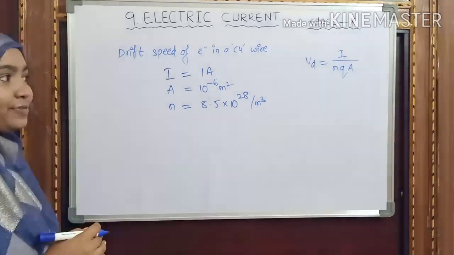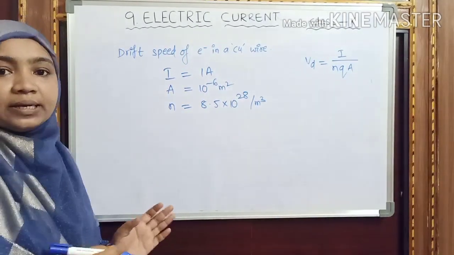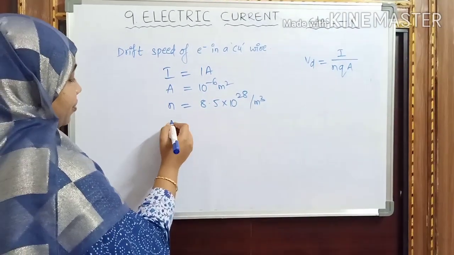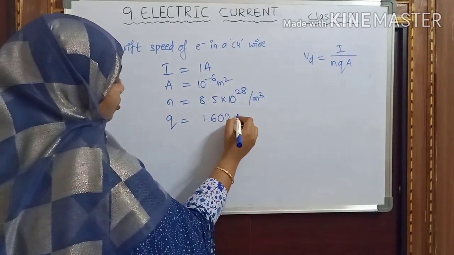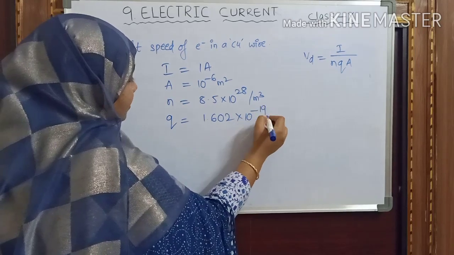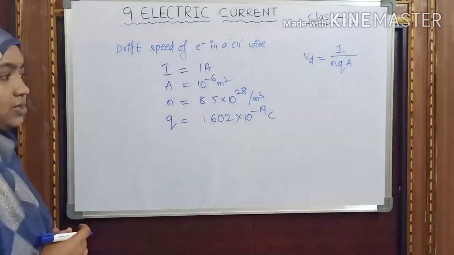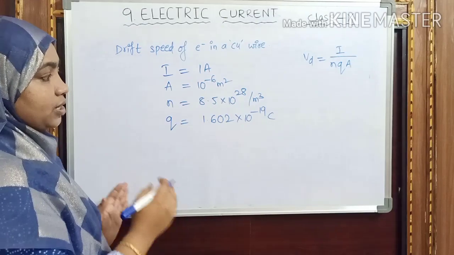The charge carriers in metal conductors are electrons, we know this. So Q is equal to 1.602 into 10 to the power of minus 19 coulombs, the magnitude of charge of an electron.